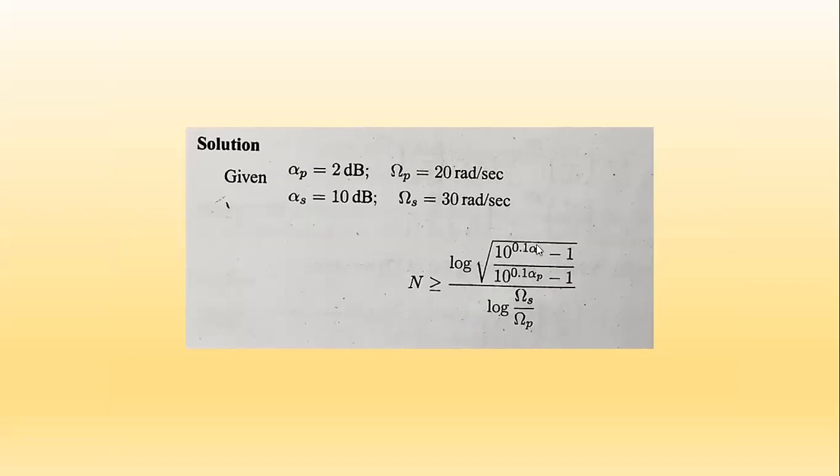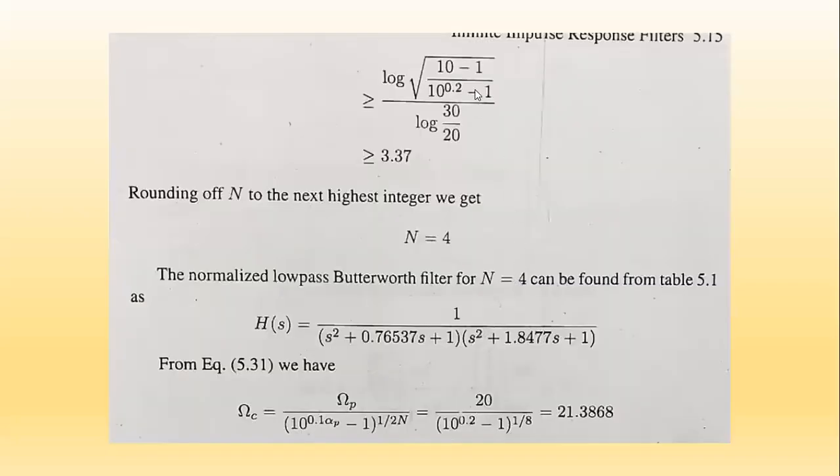Once you substitute the values, the equation becomes log of 10 raised to 0.1 into minus 1. So this is the equation. Now you get the value of 3.37 here.